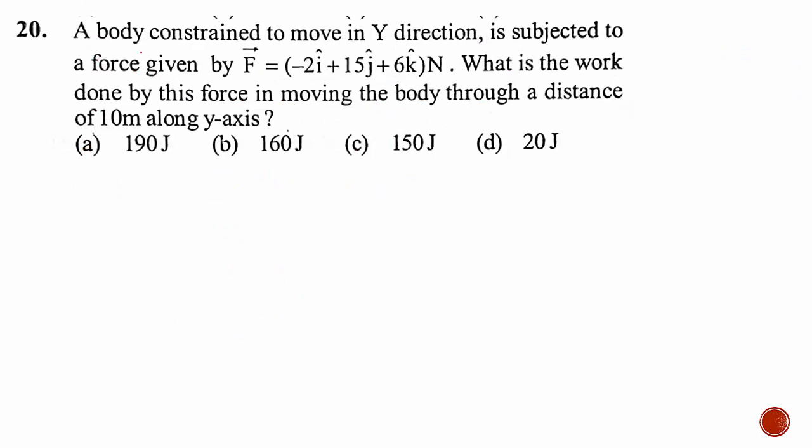20th question. A body constrained to move in y direction is subjected to a force given by F equal to minus 2 i cap plus 15 j cap plus 6 k cap Newton. What is the work done by this force in moving the body through a distance of 10 meter along y-axis?